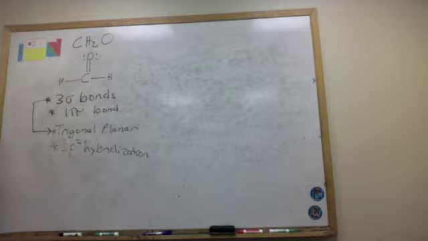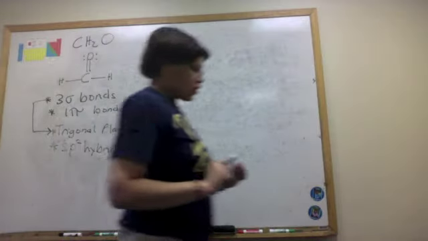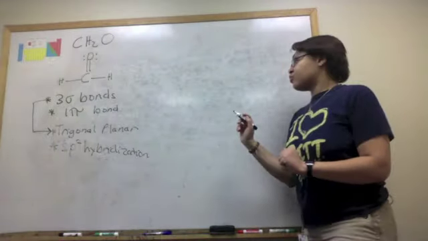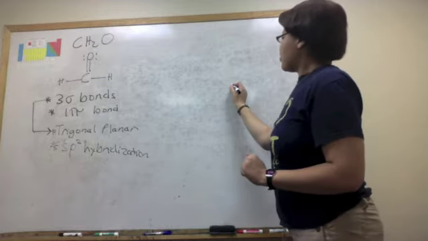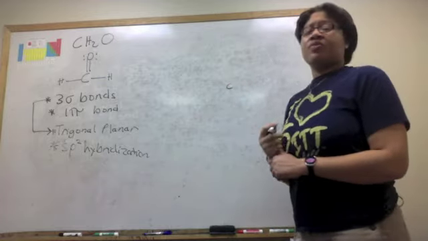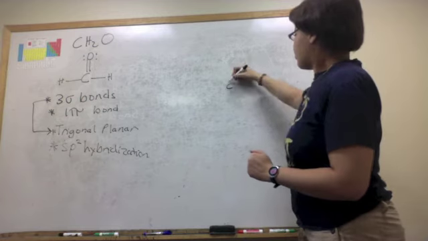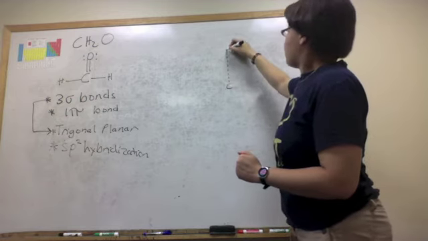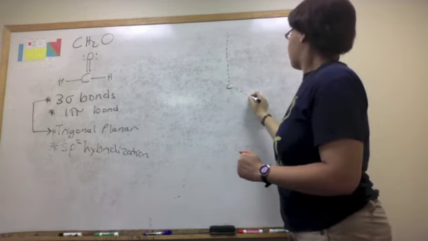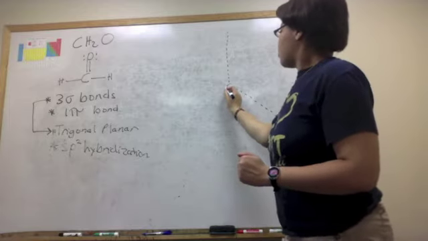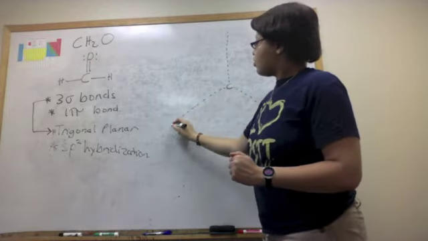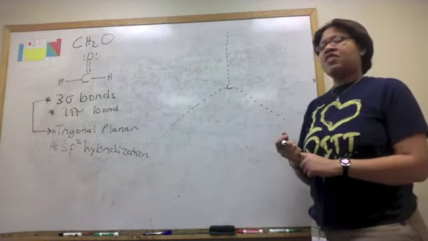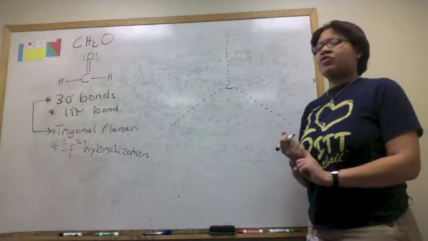We will now represent this in an orbital overlap picture. We start by placing a carbon atom in the center. These dashed lines represent the orientation of the sp2 hybrid orbitals.